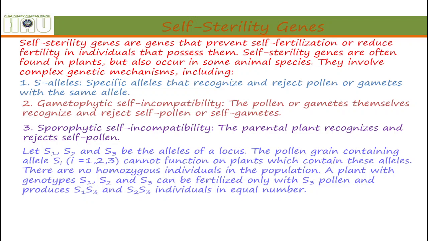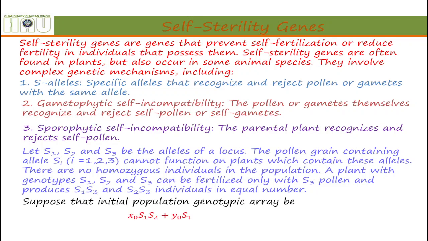So suppose that the initial population genotypic array may be defined as X0 S1 S2 plus Y0 S1 S3 plus Z0 S2 S3.